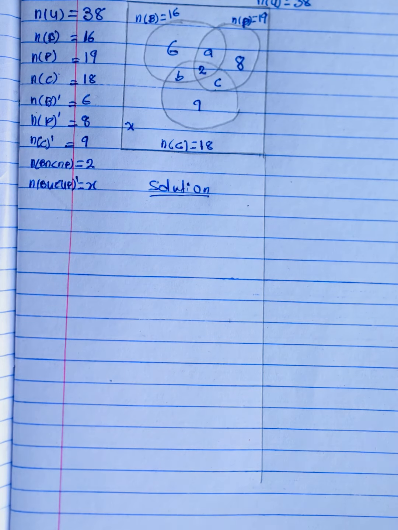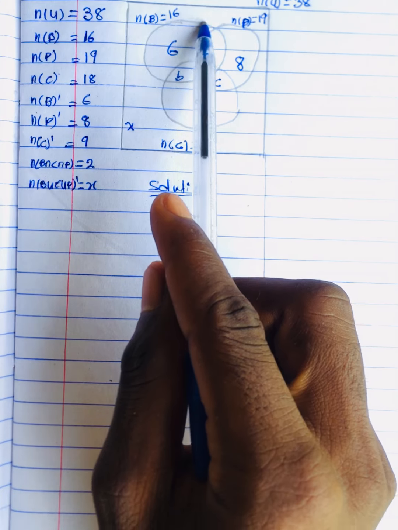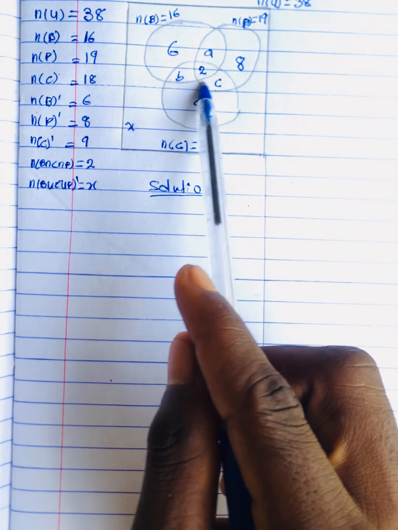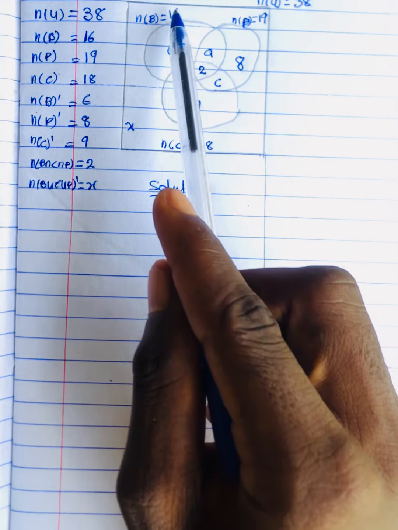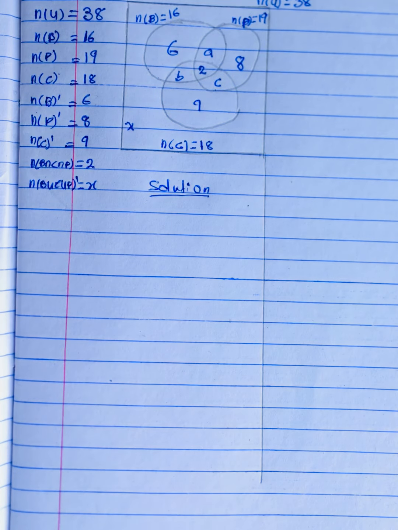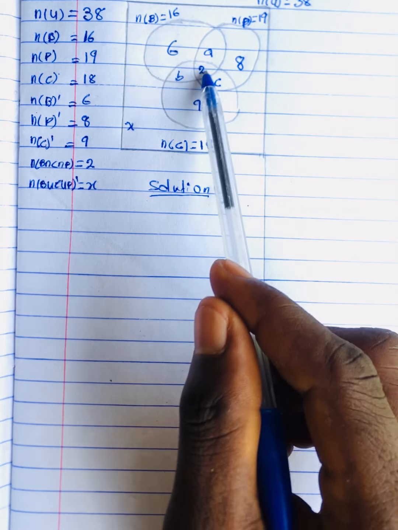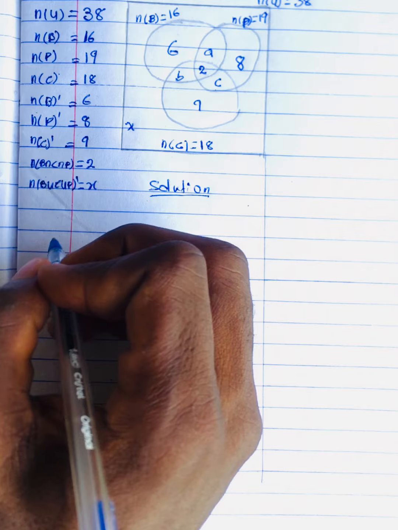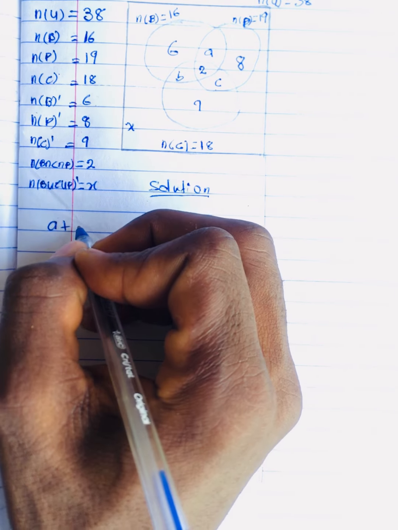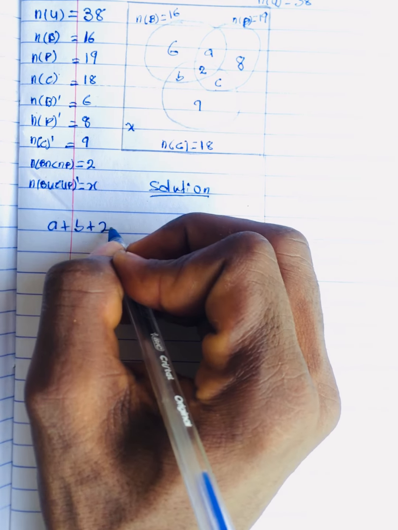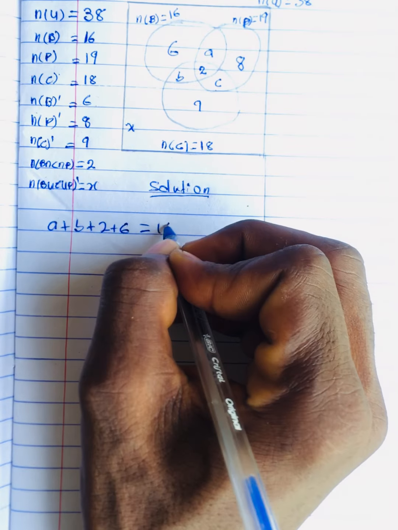In a Venn diagram, we know that when we add this region, this whole circle, it will give us 16. We have 6, A, 2, B. So we have A plus B plus 2 plus 6, which will give us 16.